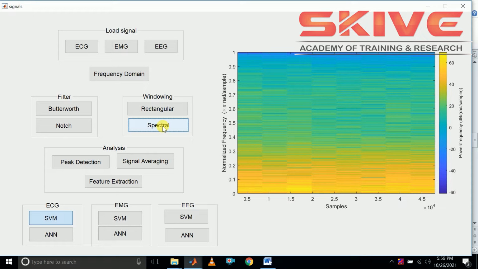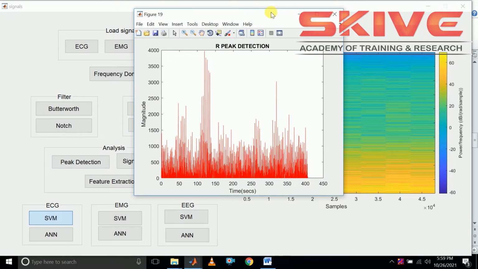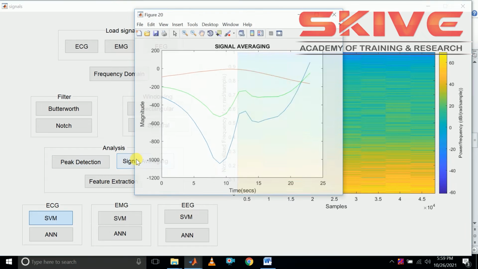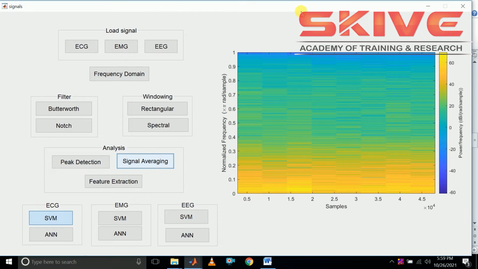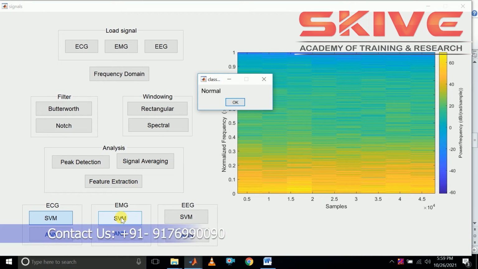This filtering and windowing process will help in the feature extraction, the perfect analysis of the signal. After feature extraction, we are going to classify the signals. This EMG signal, which is from the other patient, was in a normal state.